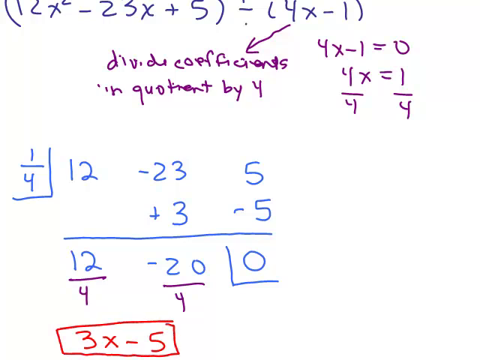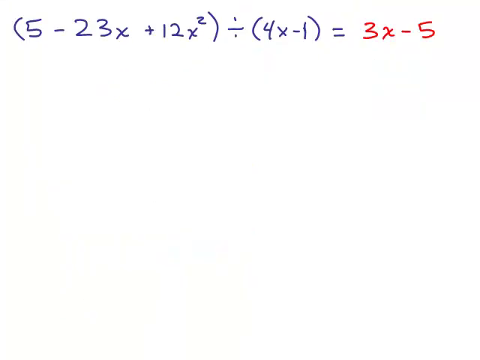This should be pretty easy to check. Let's go ahead and check it. So here was the problem: 5 minus 23x plus 12x squared divided by 4x minus 1. If we got the answer of 3x minus 5, then when we check it, all we have to do is 4x minus 1 times 3x minus 5. All right, so let's do that.